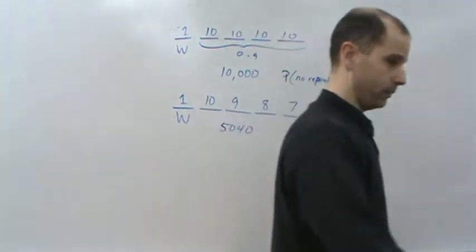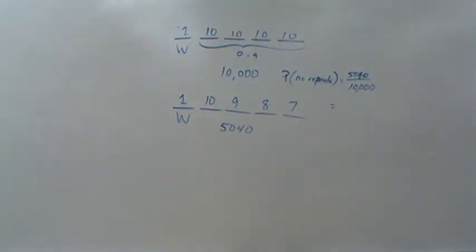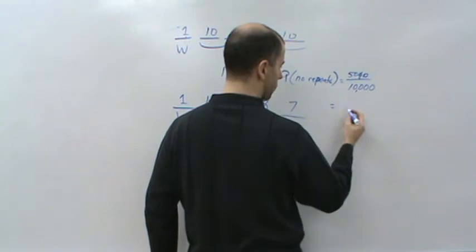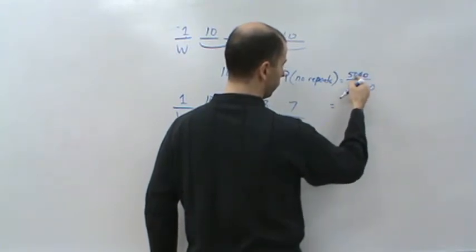And so what's that probability? .504. Oh, I should have known that. You just move the decimal point over 4 spots. So 1, 2, 3, 4.